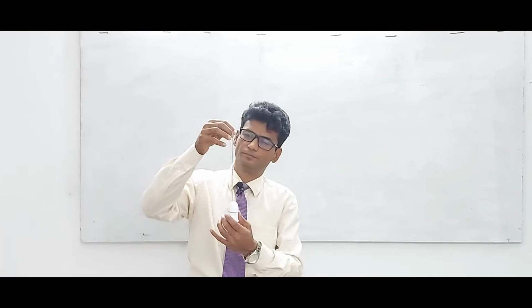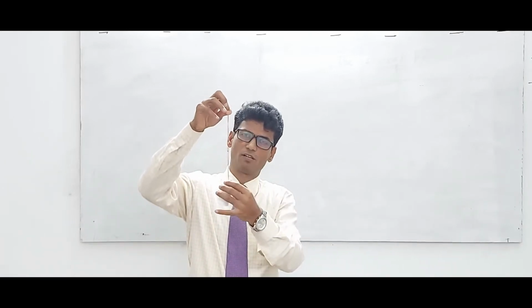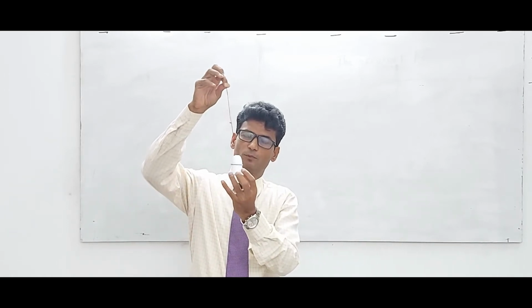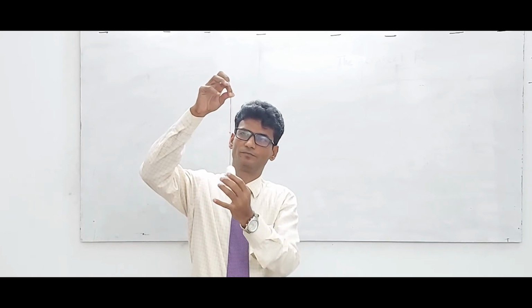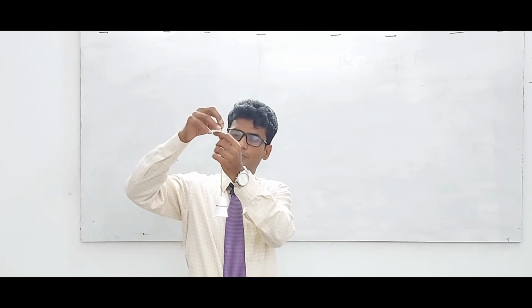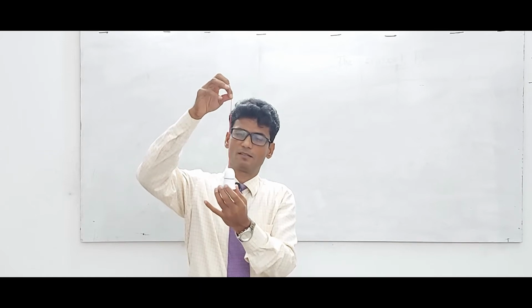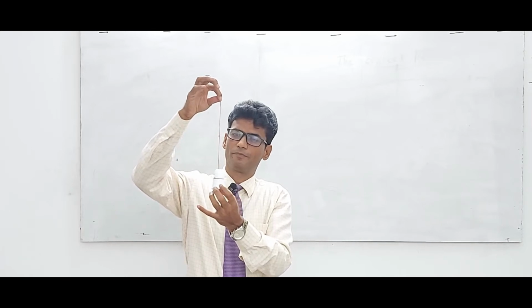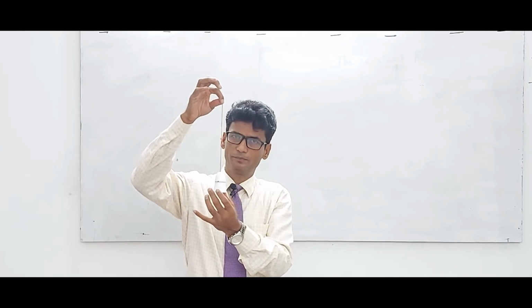So look at here. Here is a string, say massless string. Say it is a bob of mass m, supposed to be very small mass, attached to its lower end. So this setup, a bob of mass small m and massless string, may be used as a simple pendulum.